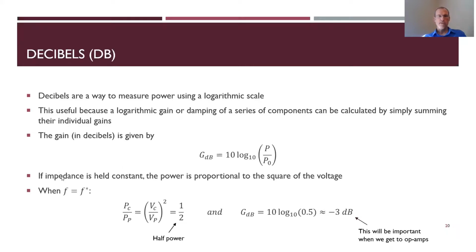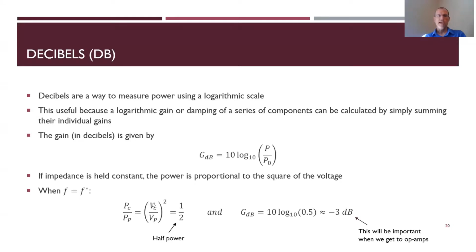If I have a constant impedance, we'll get to what impedance is in a minute. It's basically kind of like an AC version of resistance. Power is proportional to the voltage squared. So if we're at the scenario where f equals f star, the characteristic frequency, the power through my capacitor divided by the power coming out of my voltage source is the voltage in the capacitor divided by the voltage in the power source, squared.